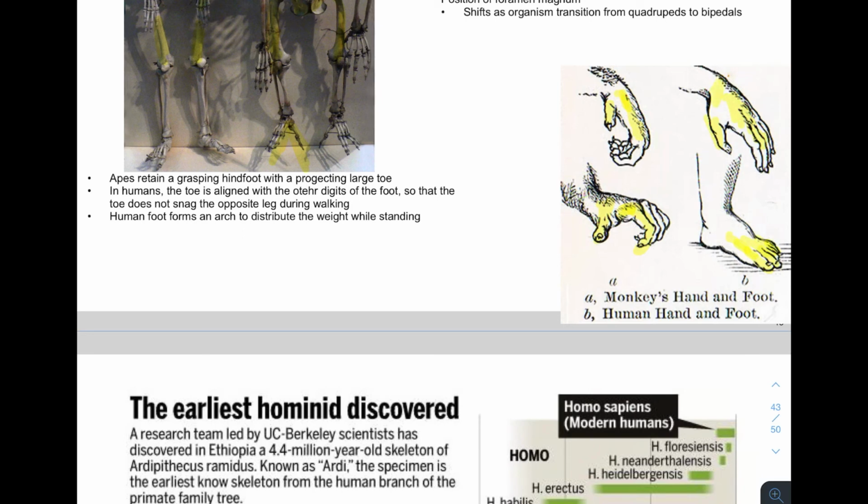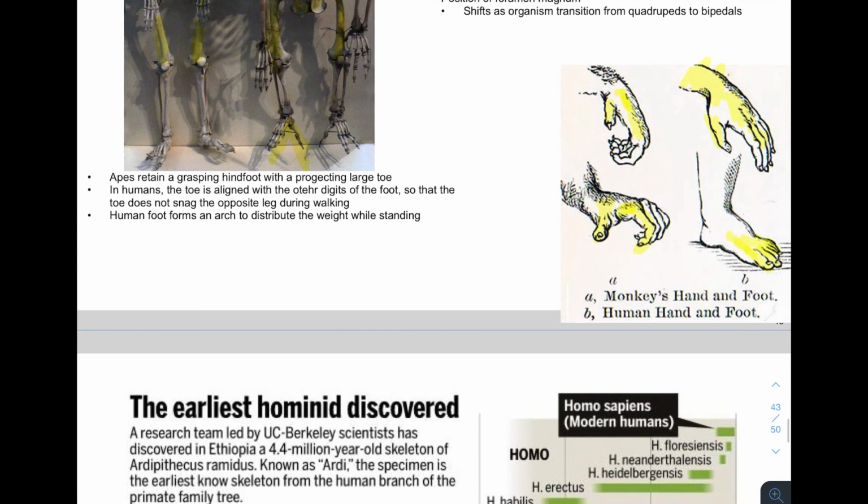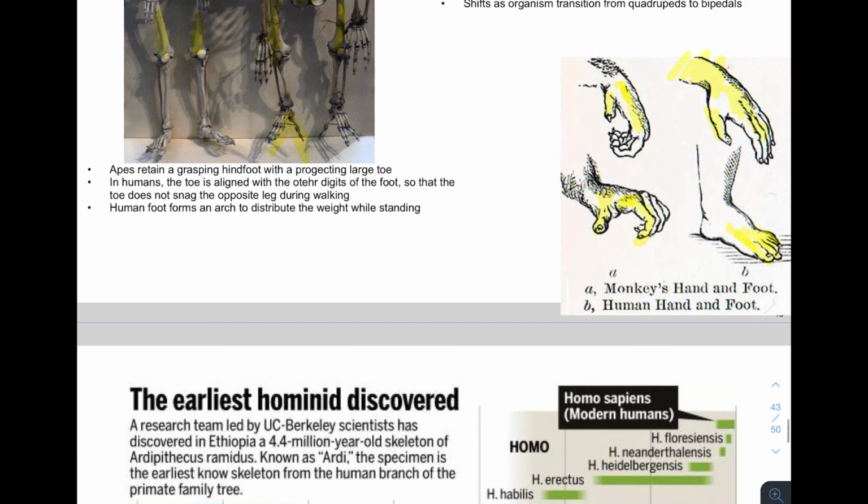Now, the reason why we've kept that ability with our hands is, of course, because we've become tool-using bipedal organisms. So our hands have still maintained that anatomy because it is still useful for us today, right? Whether we are trying to hunt with a spear, or whether we're playing the guitar, you'll see that the opposable thumb is still necessary today.